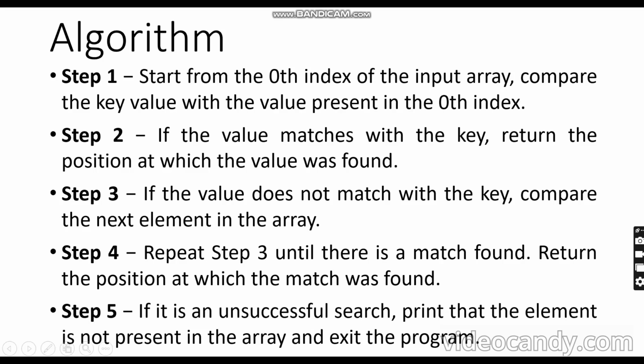Otherwise, increment the index, that means search for the next element, and then again compare. So you have to repeat step 3 again and again till your match is found or the elements in the array have been finished, right? And if the element is not present in the given array, simply print that the element is not present and you can exit the program.